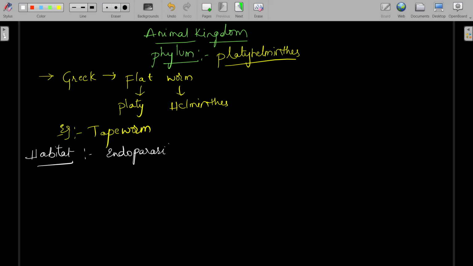An example of an endoparasite is the tapeworm, and some are free living. The example for free living is planaria.